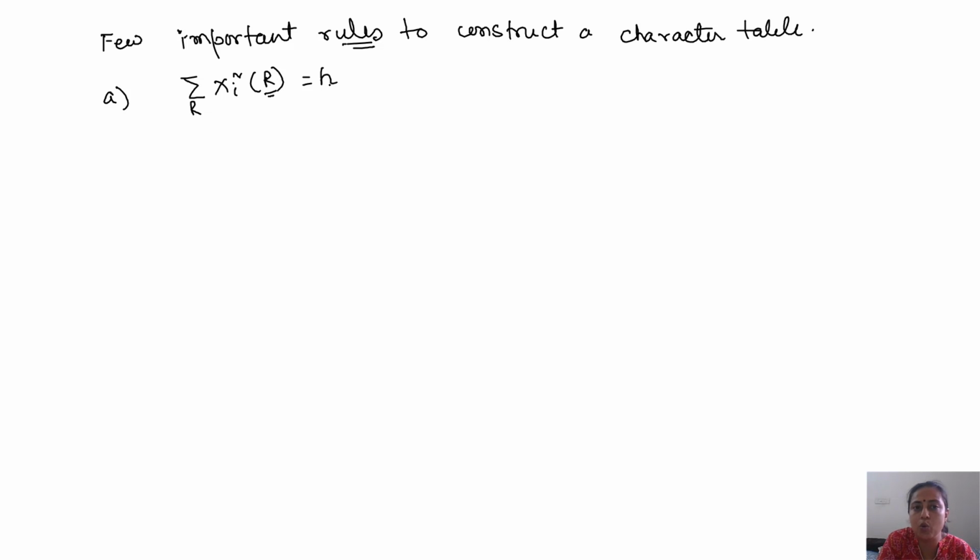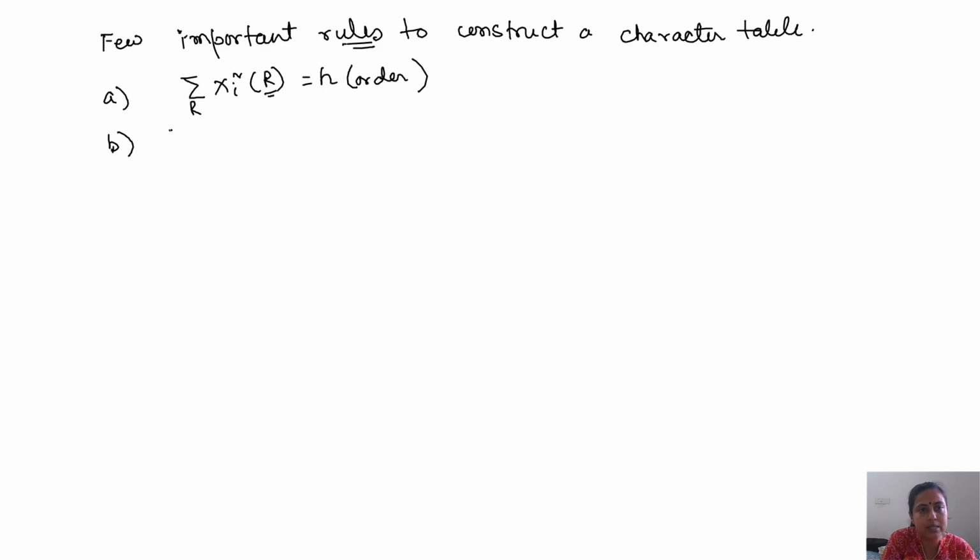If that is equal to the order of the group, then we used to say that this particular representation is irreducible in nature. If this is more than the order of the group, we used to say that this is a reducible representation.